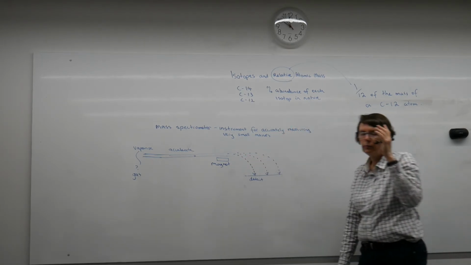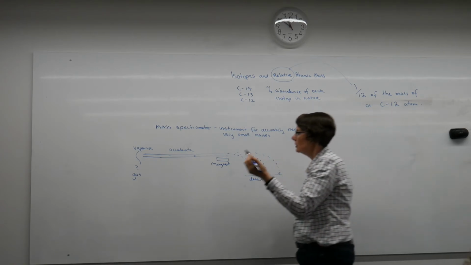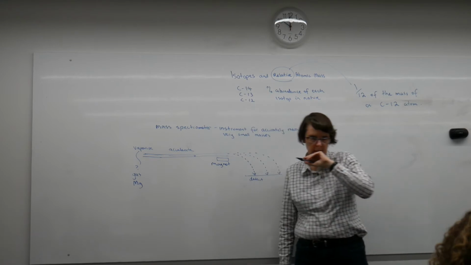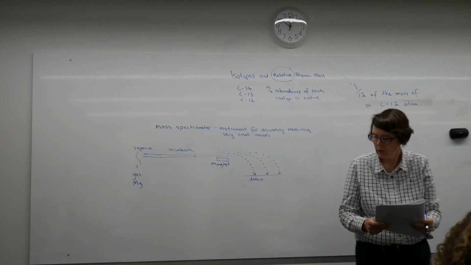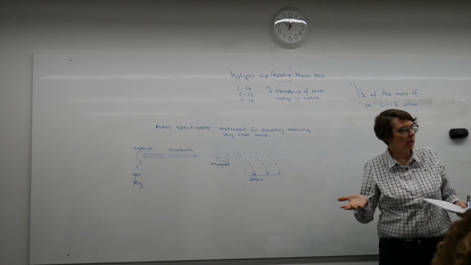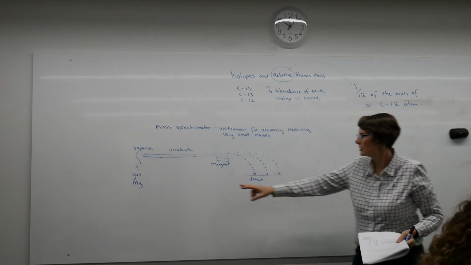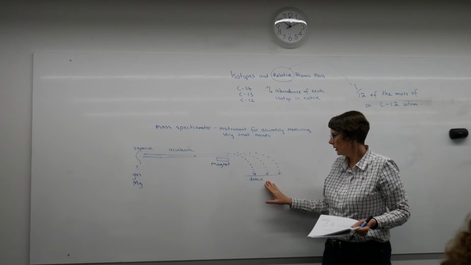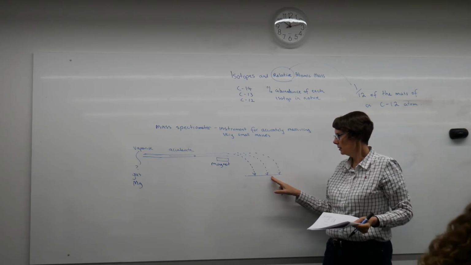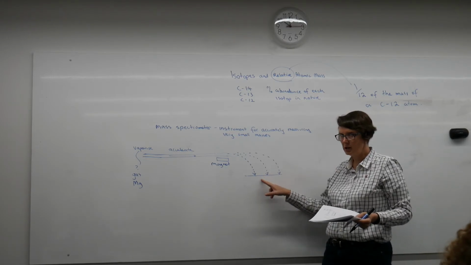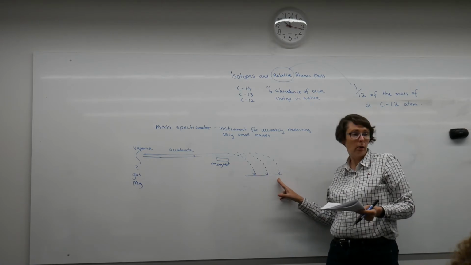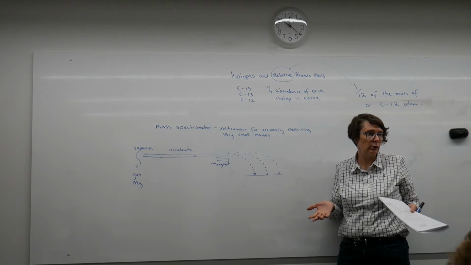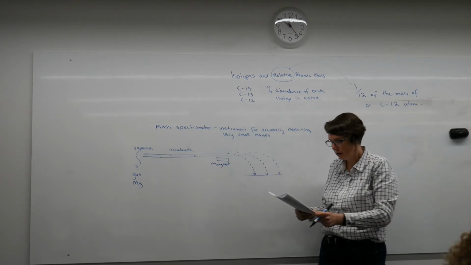Okay, so if we had our sample, and just say it was magnesium metal, like that. We've vaporized it, we've made it into a gas, we've accelerated our particles past the magnet, and then we're going to detect along here, detect and see, well, how many of each. They can only land in whole numbers, okay, because they can only have whole numbers of protons and neutrons, which is their masses.